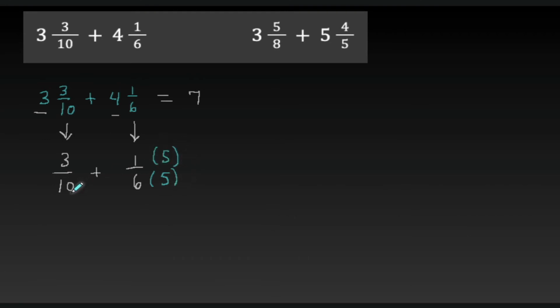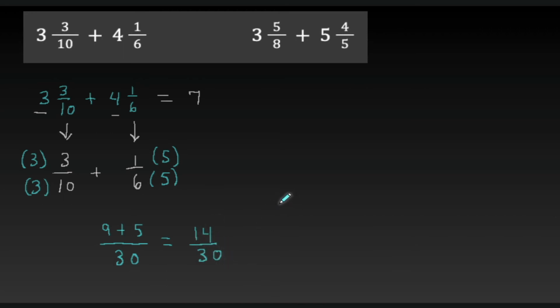Turn the 10 into 30 by multiplying by 3. Okay, and so now we have a common denominator of 30. So let's continue working with the numerators. 3 times 3 is 9, plus 1 times 5 is 5. So here this is equal to 14 over 30.